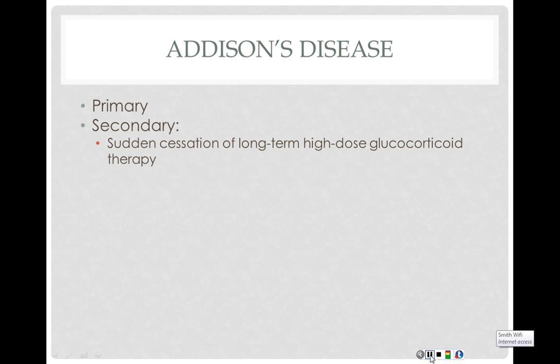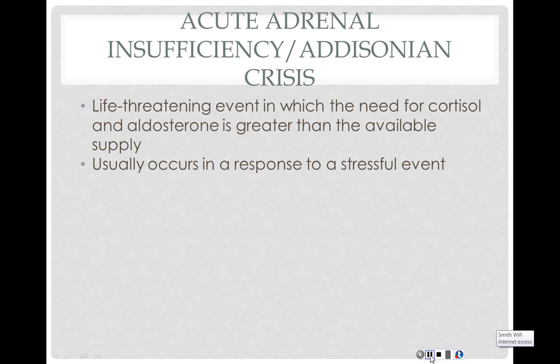When that happens, it can throw the person into what we call Addison's disease or Addisonian crisis. Again, Addison's disease is when the person has adrenal insufficiency. Addisonian crisis is when a person has a crisis that develops. It is a life-threatening event in which the need for cortisol and aldosterone is greater than the available supply in a person's body. And this usually occurs as a response to a stressful event.